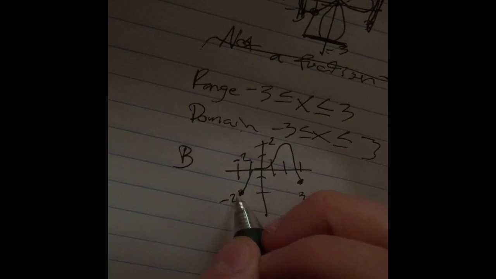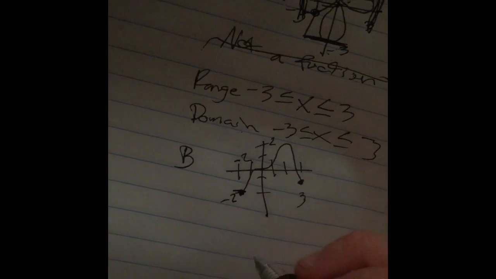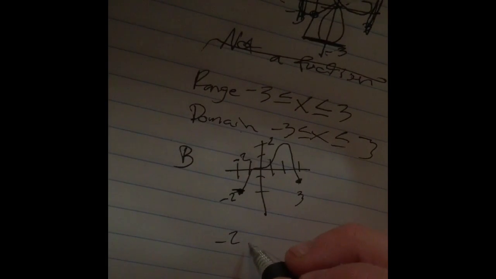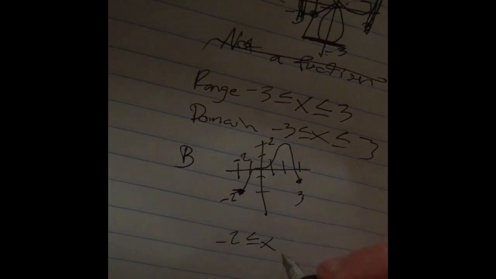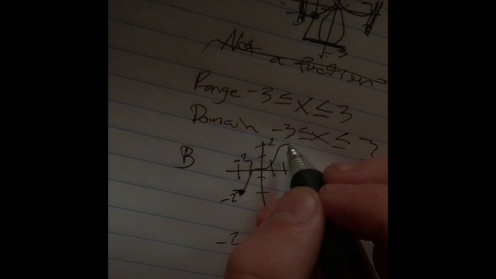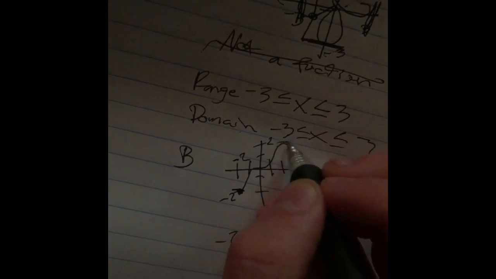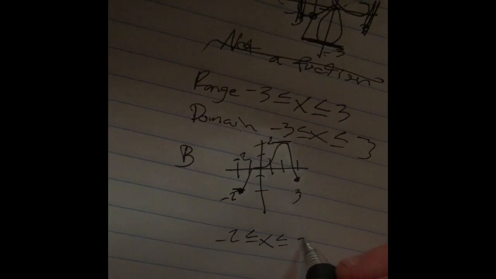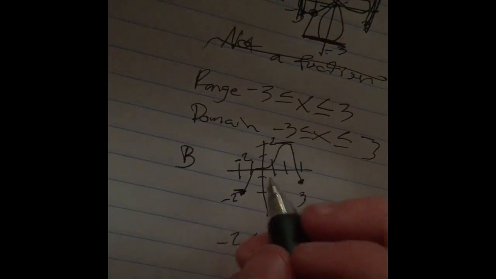It doesn't go any lower than -2. So -2 is less than or equal to y, which is less than or equal to 2, which is the highest y value.